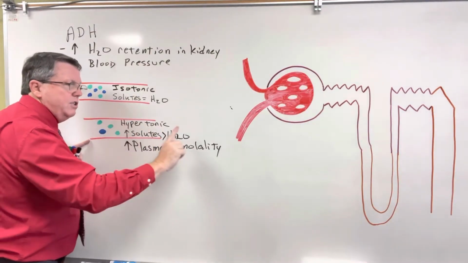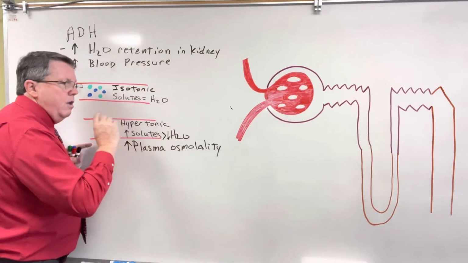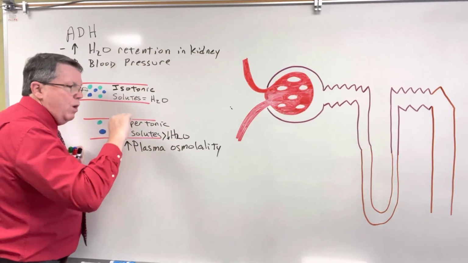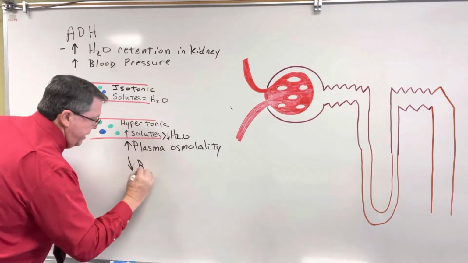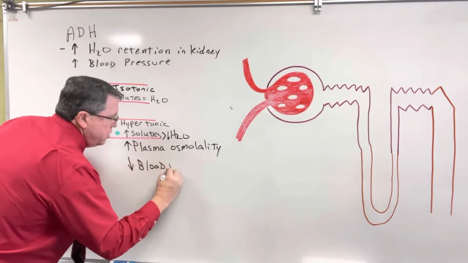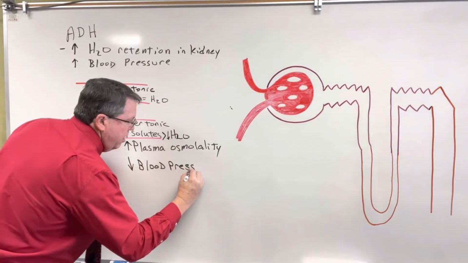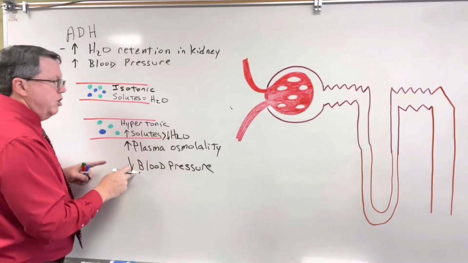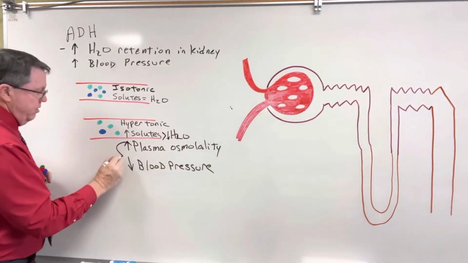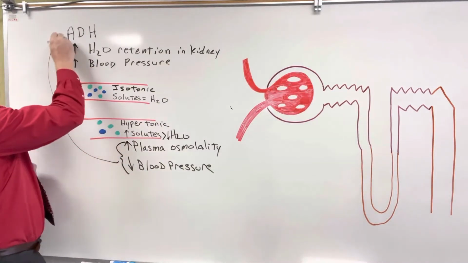And because there's less fluid for the heart to pump, the blood pressure is going to go down. So we're going to get a decrease in blood pressure here. These 2 things, the increased plasma osmolality and a decrease in blood pressure, can stimulate ADH, right? So these can basically cause the release of ADH.